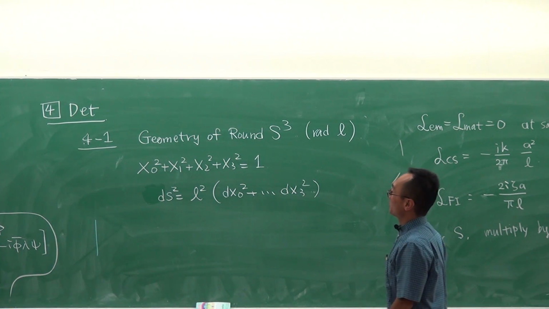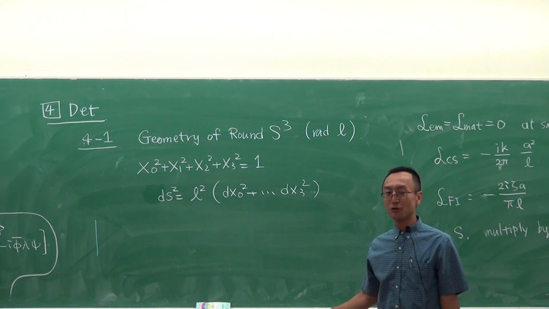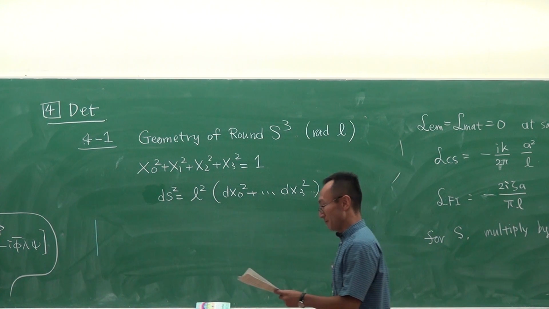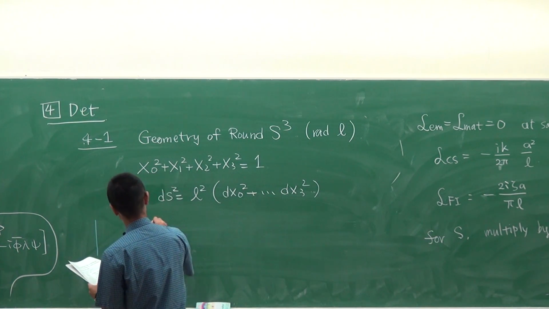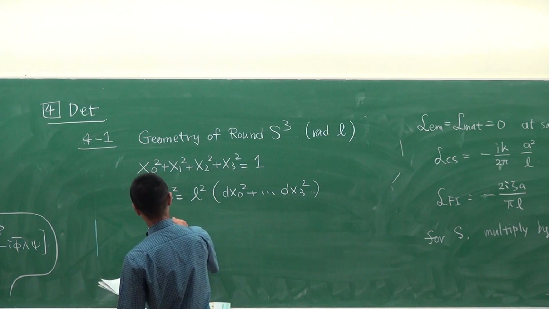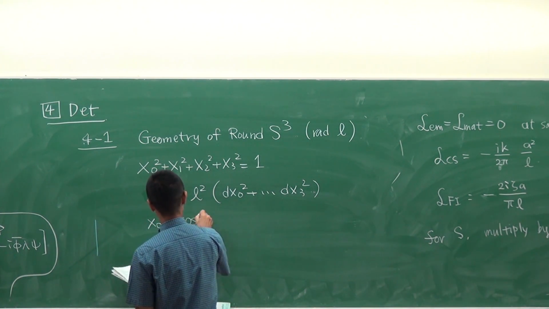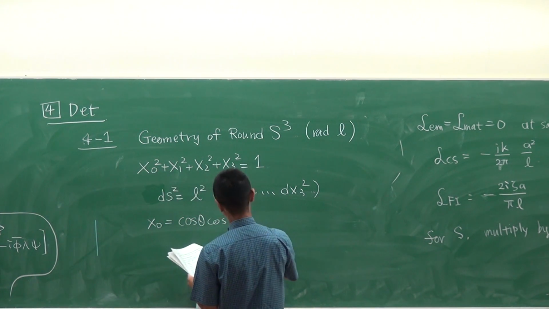So this is a parameterization of the sphere in terms of 4 coordinates obeying one equation. But instead of this, I can also do the following thing, introducing what is called Euler angles.